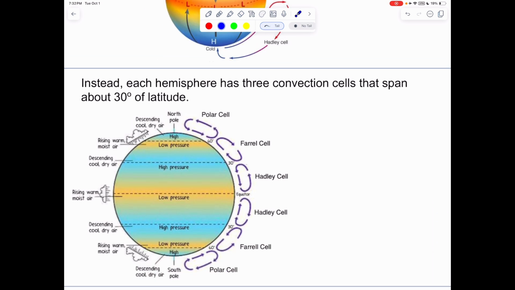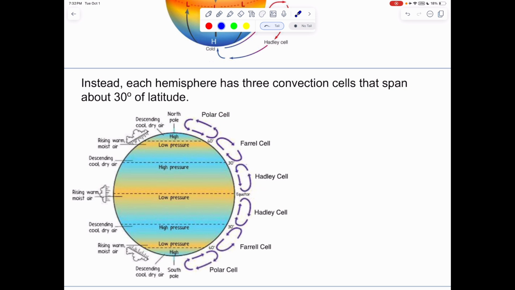So instead of having just this one large Hadley cell, we've actually realized that we have 3 of them on each half of the planet. If this is our equator here, we remember this is a low pressure system because air is rising. The air is going to lift up because it's warm, move to a colder area, become more dense, and then drop again, causing surface winds on the earth.